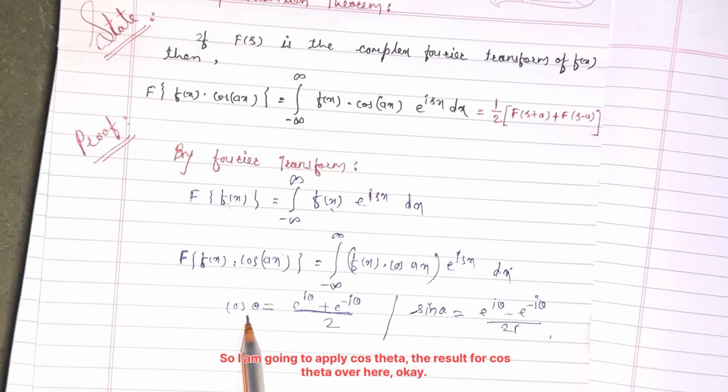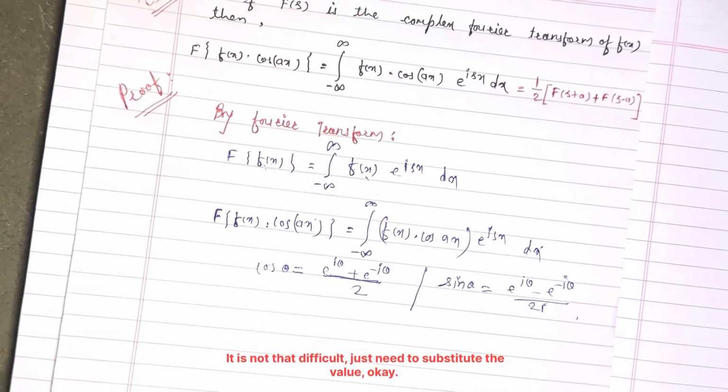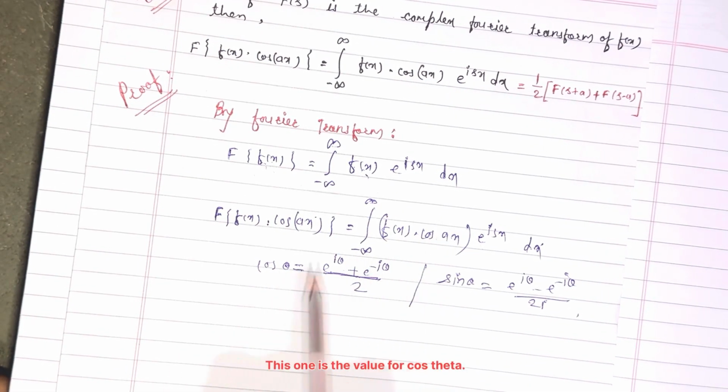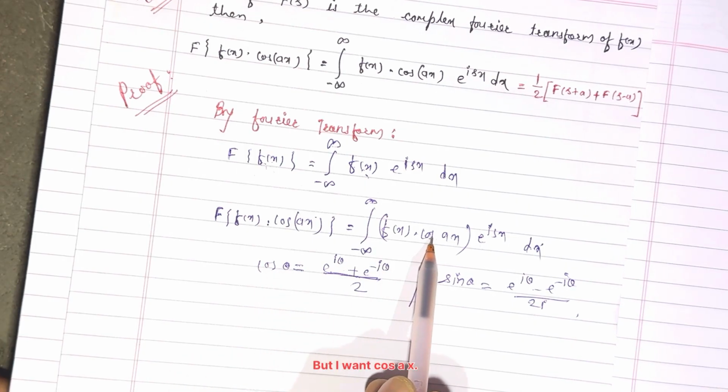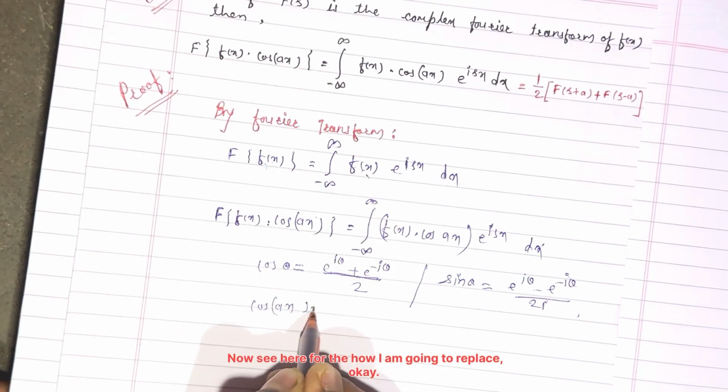So I am going to apply the result for cos theta over here. It is not that difficult, we just need to substitute the value. Now see, this is the value for cos theta, but I want cos ax. So see carefully how I am going to replace.